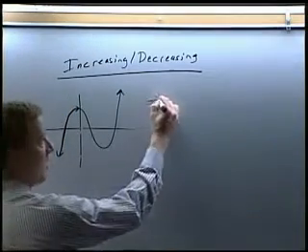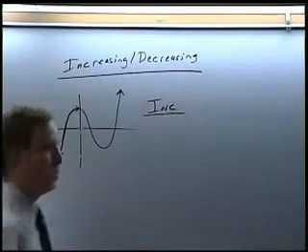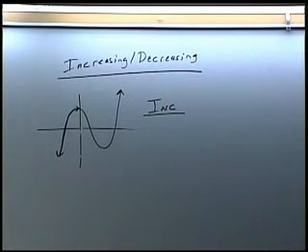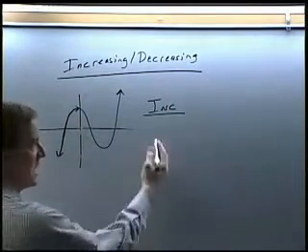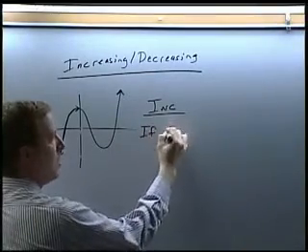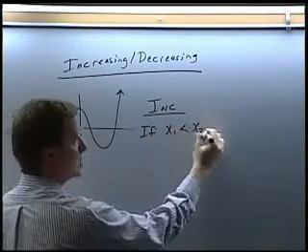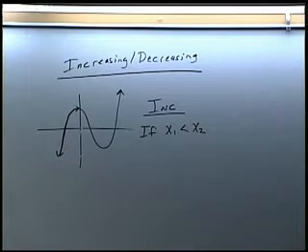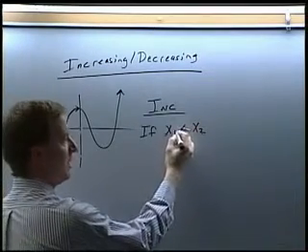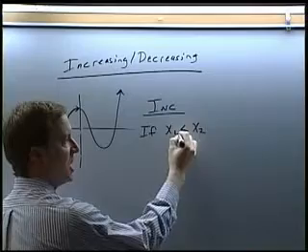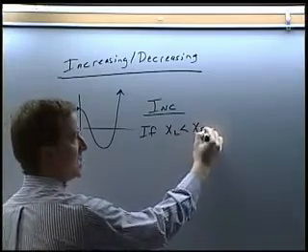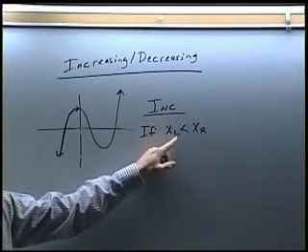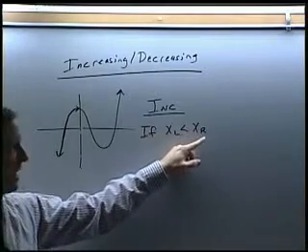Okay? If a graph is increasing, one way that we can define that is that we can say, if we pick out 2 x values, x1 and x2, okay, the book uses x1 and x2. Let me change this to xl and xr, standing for the x value on the left and the x value on the right.